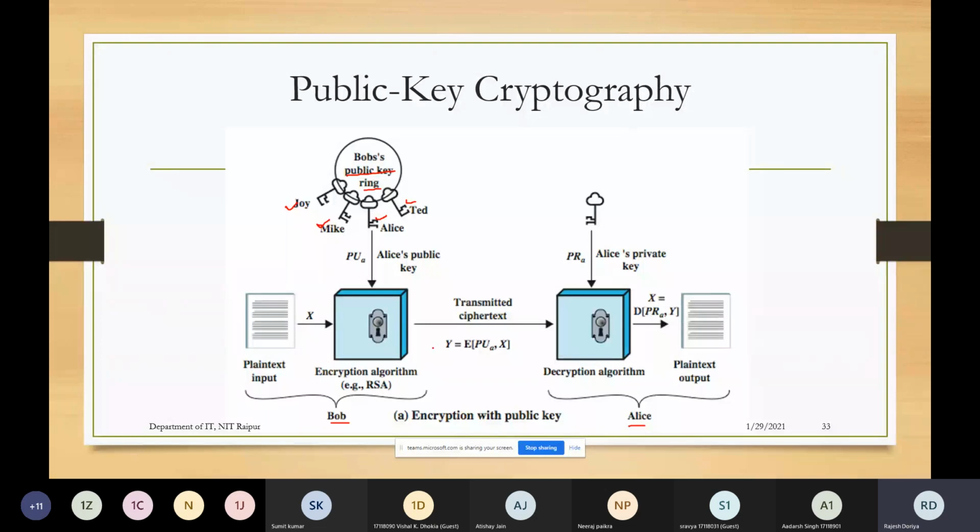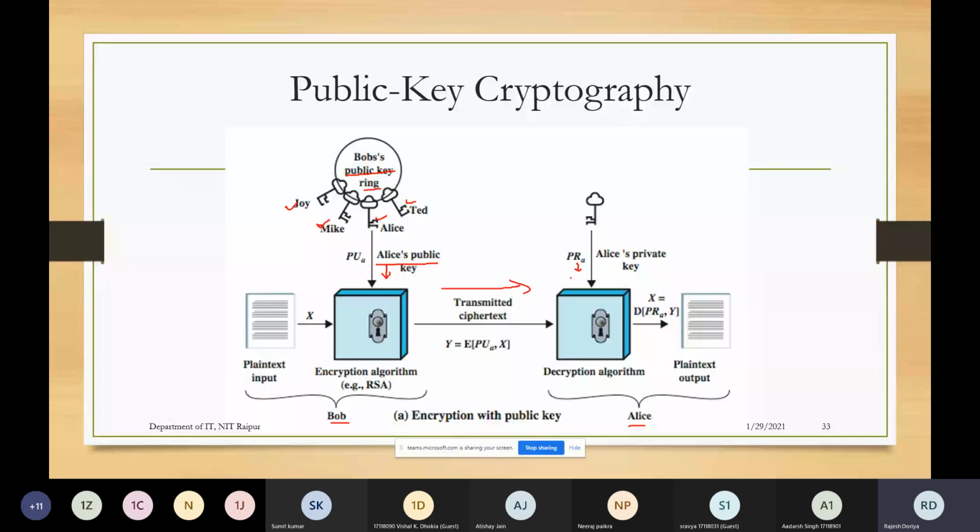For example, in this diagram, Bob needs to communicate with Alice, so Bob utilizes Alice's public key. Whatever message Bob wants to send to Alice will be encrypted with the help of Alice's public key. When this ciphertext is received by Alice, she will be able to decrypt this message with the help of her private key.